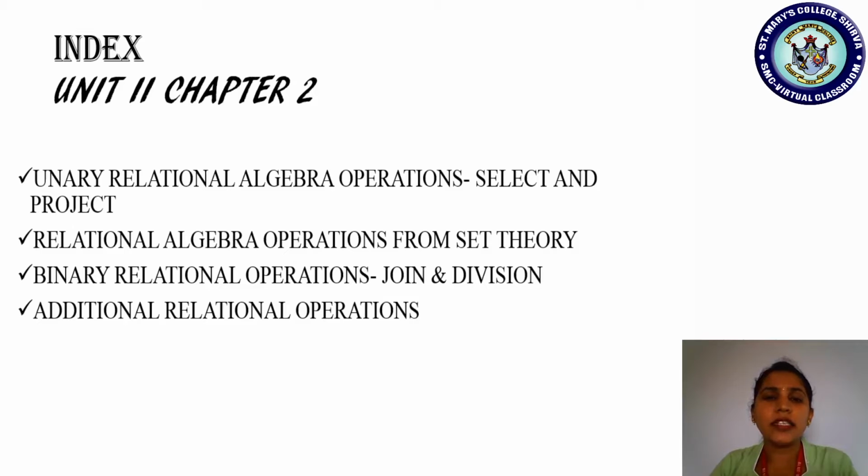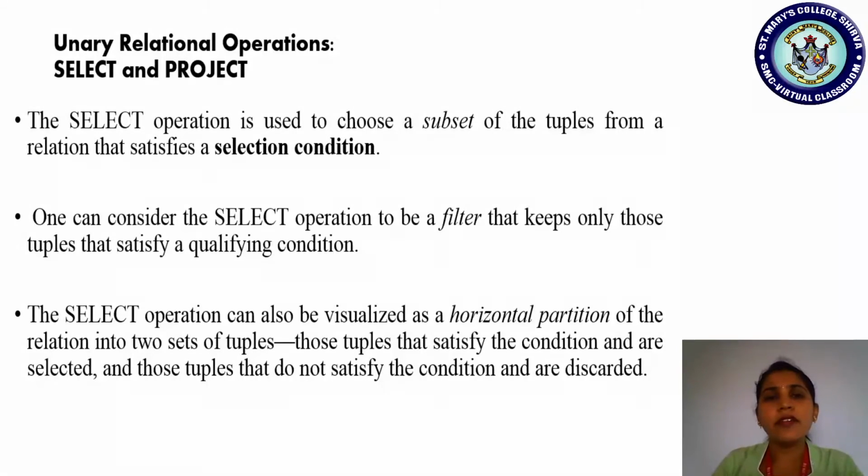Based on certain conditions defined by the user on a particular relation, it verifies whether such data exists or not. If it exists, the relational algebraic operators are going to display the information for the user. So in today's session, let me first take up the unary relational operations.